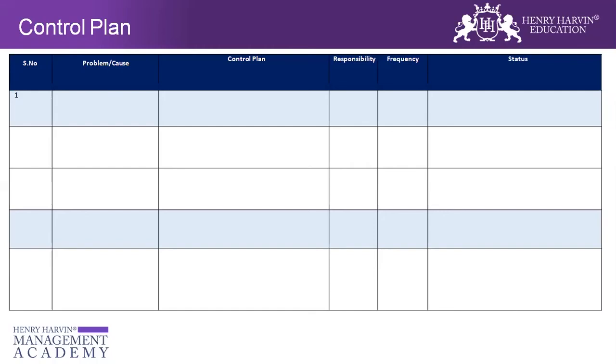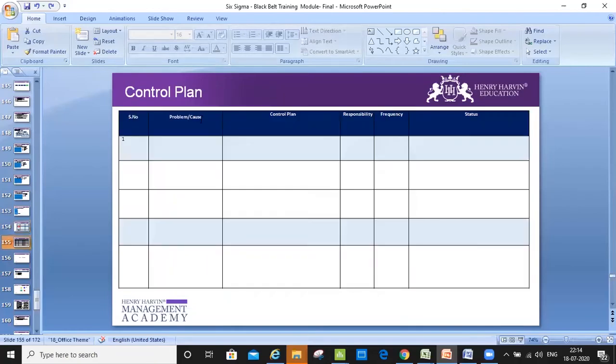Likewise for productivity, if one of my causes was the shift timing, and I have implemented a solution on the shift timing wherein I have consolidated 3 different shifts, or maybe I have come up with a solution wherein I'm doing a rotation, I have to mention the same problem or same cause that was identified. So this is a cause, this is an X. So I should mention it here.